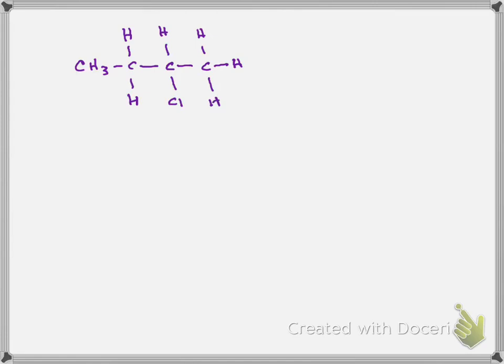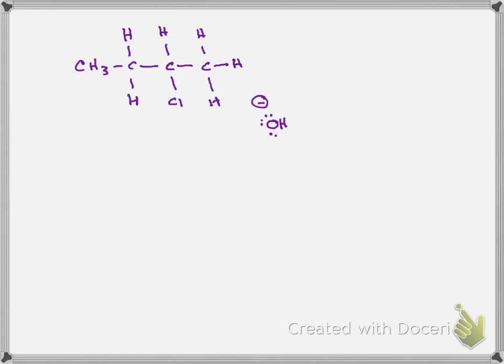Okay, so this is my alkyl halide. It's the one that was on the previous slide, it's just all drawn out. Now I'm going to bring in a strong base. So this is OH minus as a strong base.